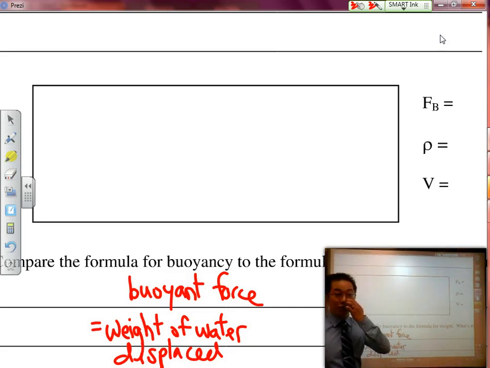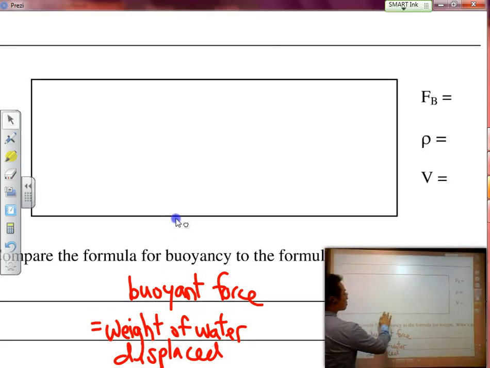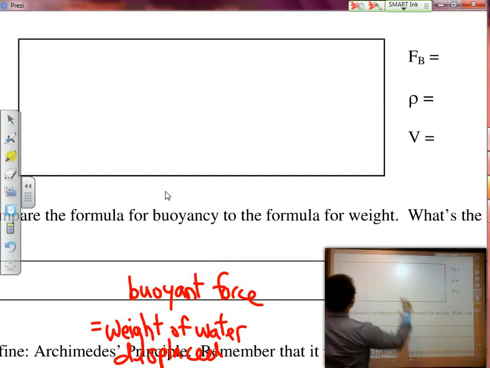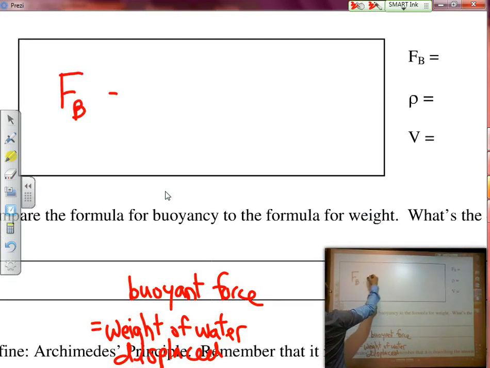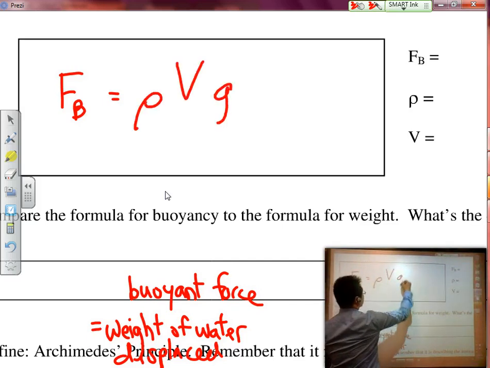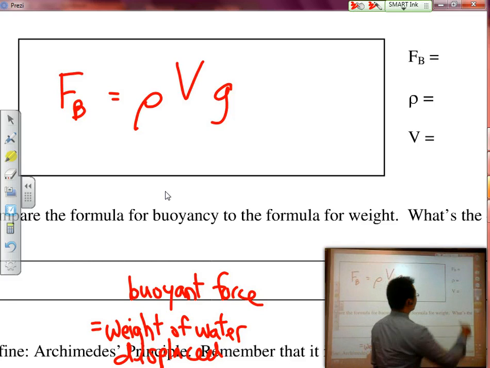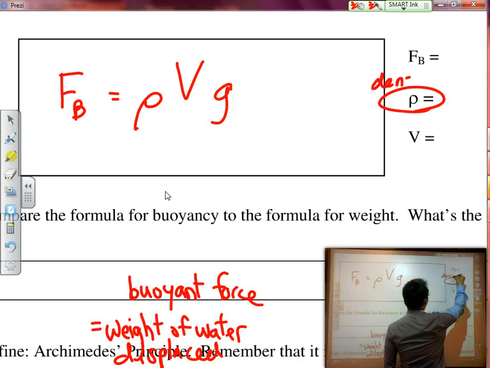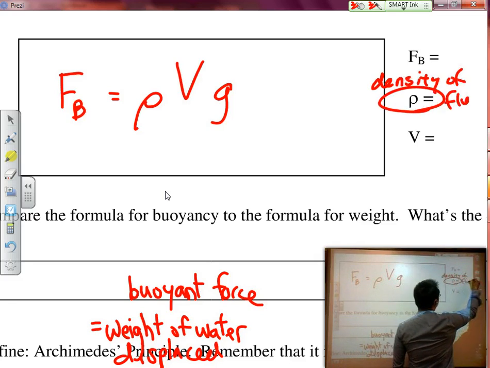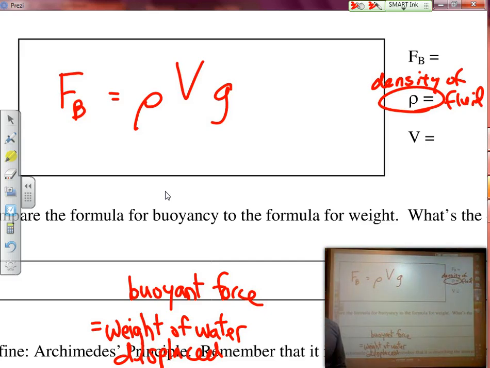If I write that as a formula, the buoyant force, FB, is equal to the weight of the water, m times g, of course, but we're going to use rho V g. Rho means density, the density of the fluid, and V is the volume displaced by the object.